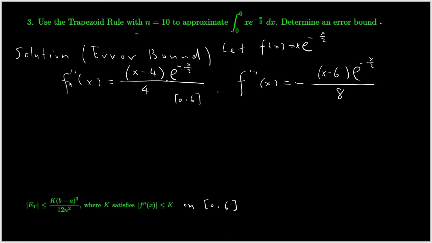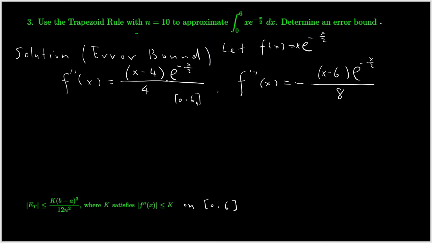Now we treat the double derivative to be a function defined on the closed interval from 0 to 6. You see, the function is continuous on the closed interval from 0 to 6 and differentiable on the open interval from 0 to 6.